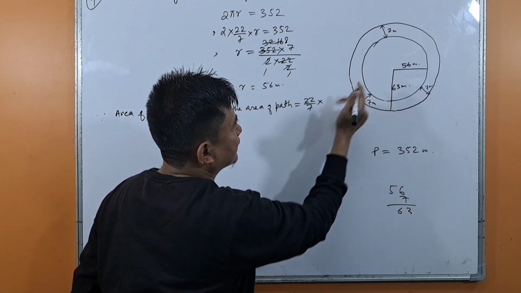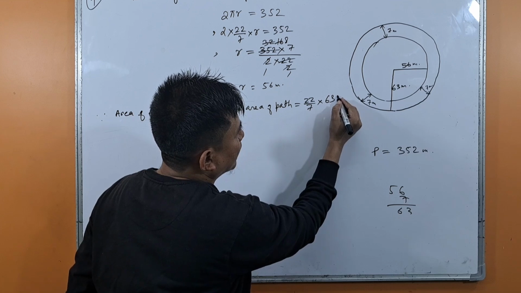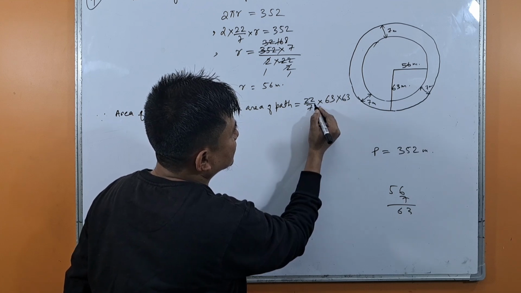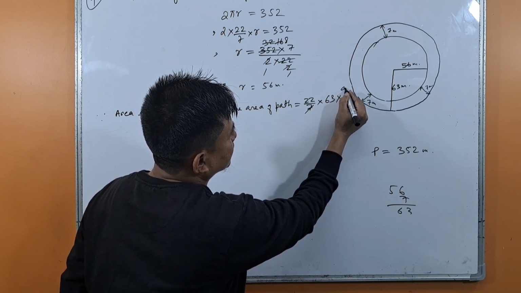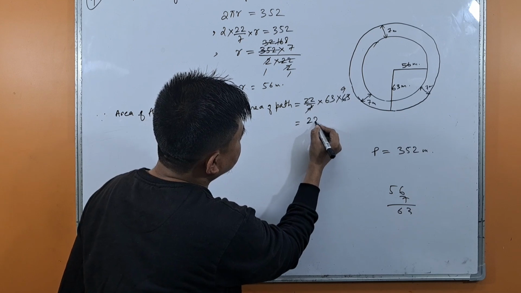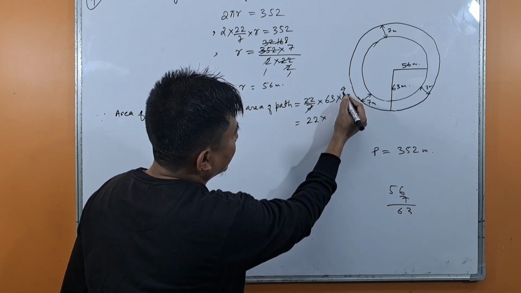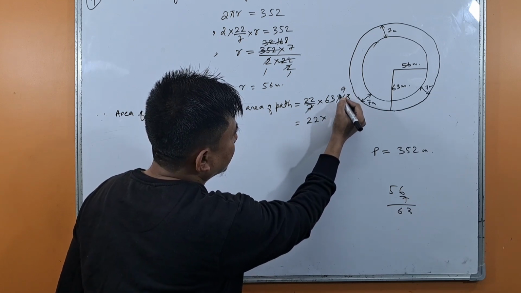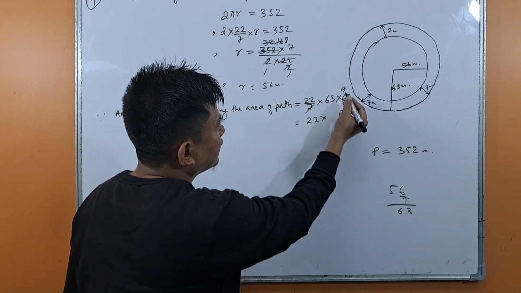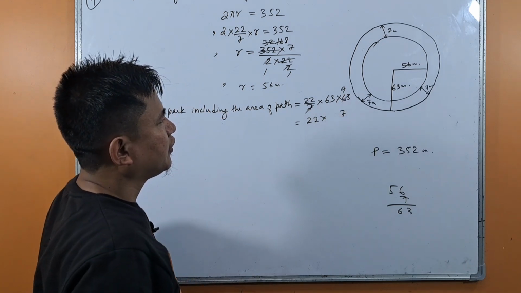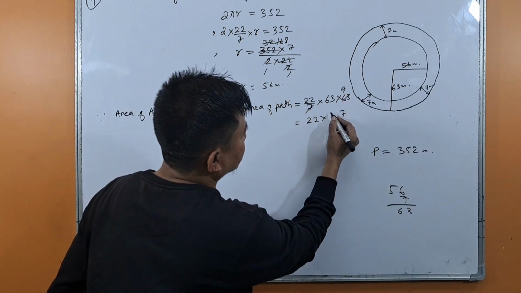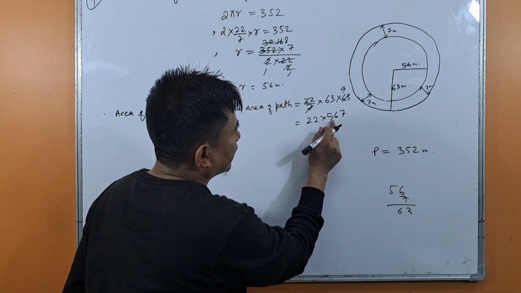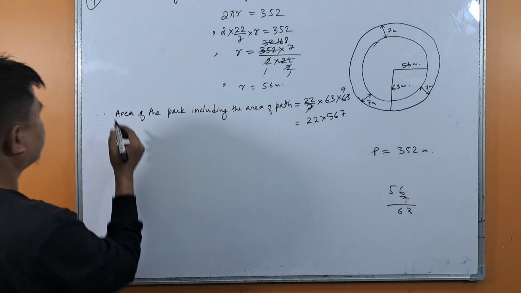Radius is 63, 63 square means 63 into 63. 7 into 9 is 63, so 22 into 9 times 63. 9 times 63 is 567, into 22.